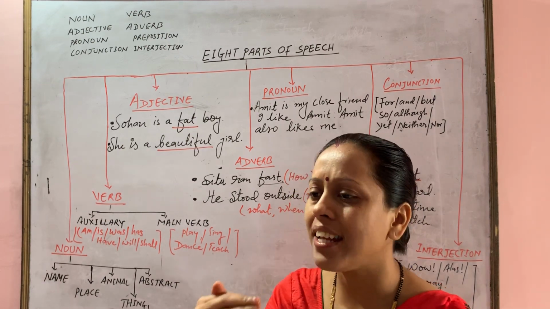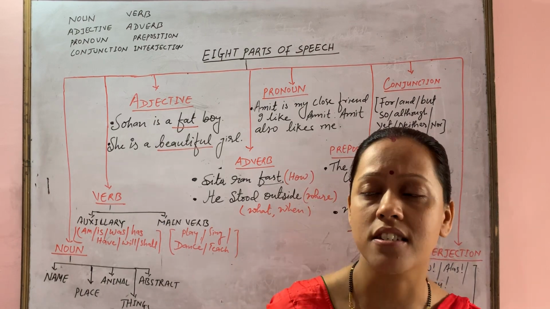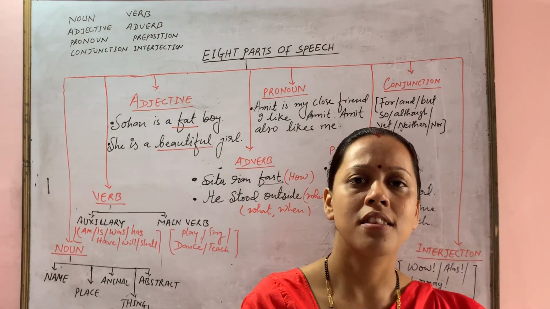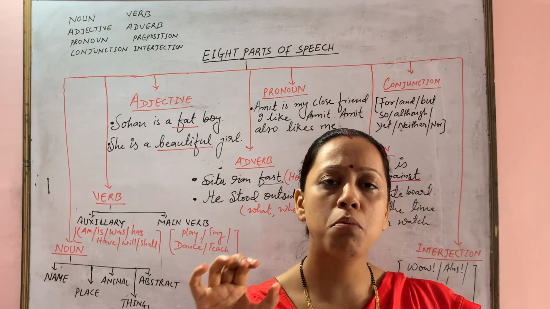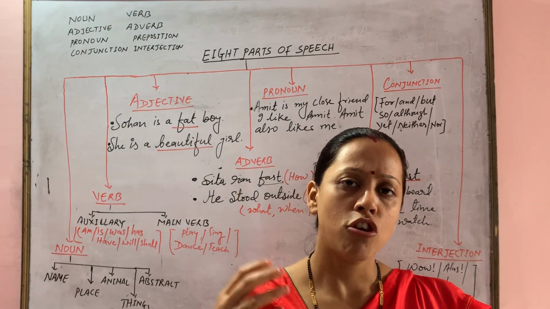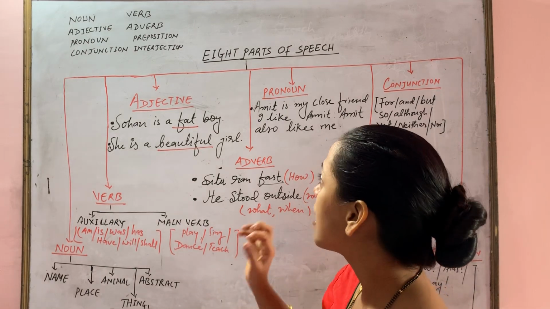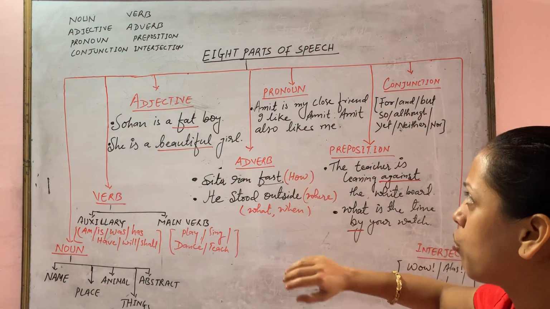As a good English speaker, a good language learner or a writer, repeatedly using the same name about a particular person or place will not sound good. So in that place we can use pronouns. I'm just giving one example which I wrote here.